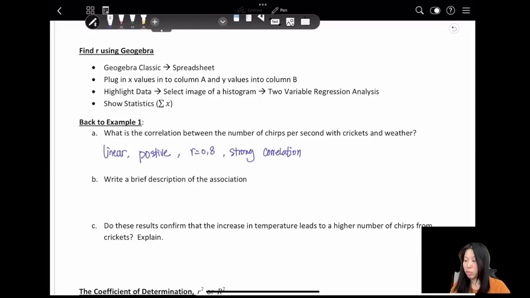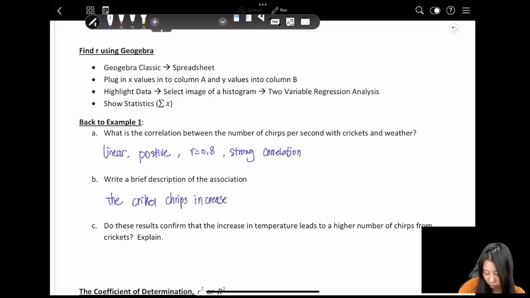Okay, so write a brief description of the association. So we can say the cricket chirps increases as the temperature increases.